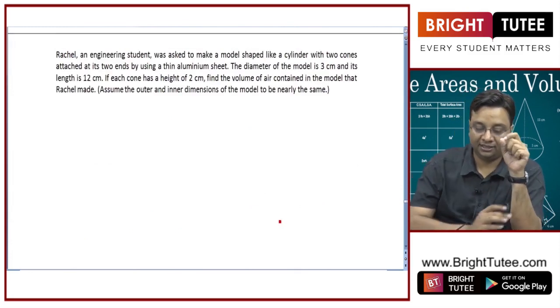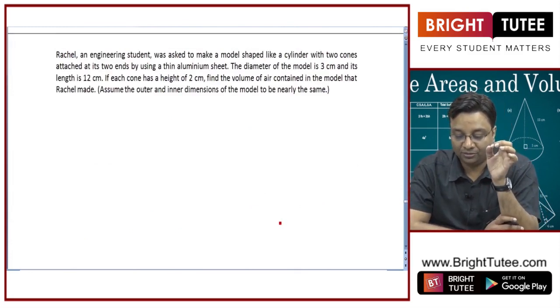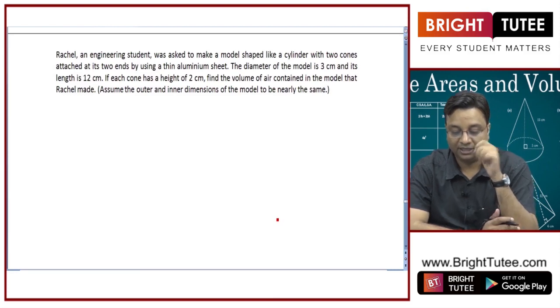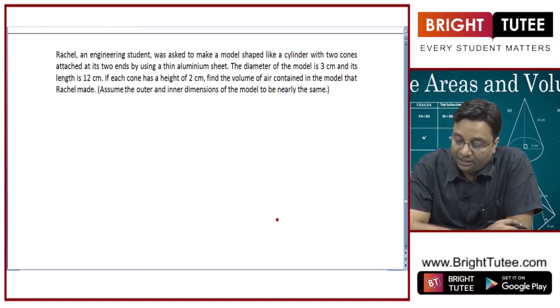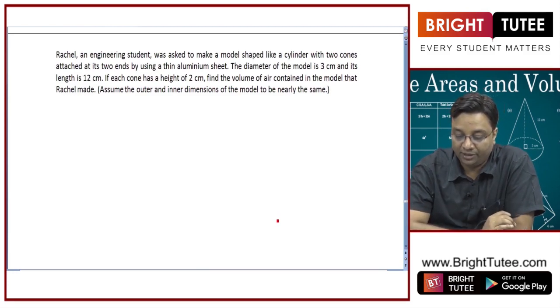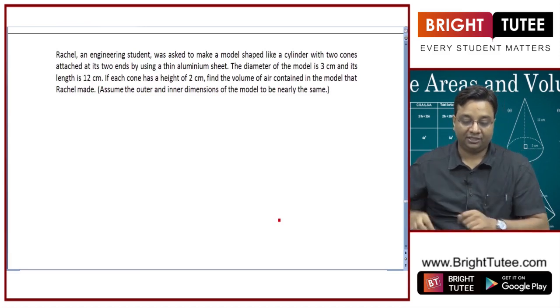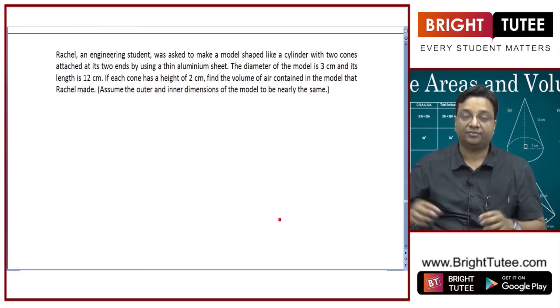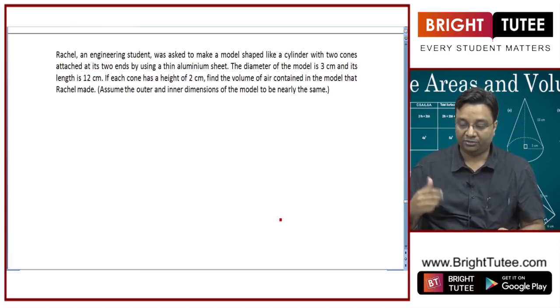Now Rachel, an engineering student, was asked to make a model shaped like a cylinder with two cones attached at its two ends by using a thin aluminum sheet.